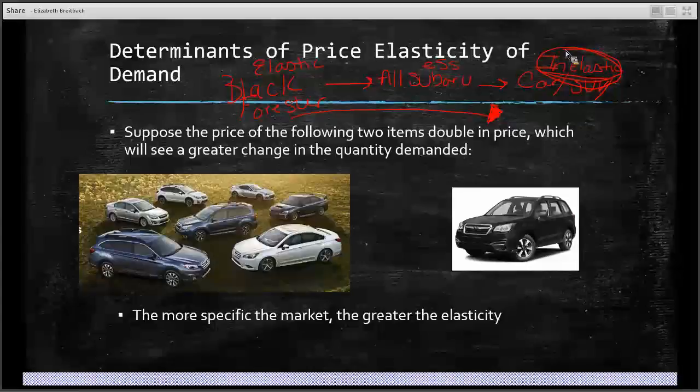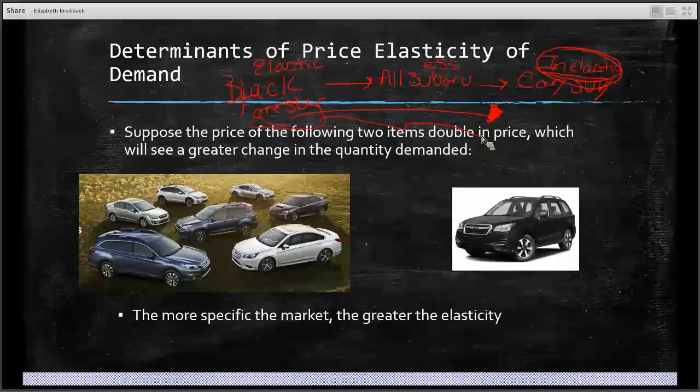If I'm in the market to buy a car, I know I need to buy a car. Then if all cars in the market double, I don't really have a choice. But if the price of just the black Forester doubles, I can decide to purchase another Subaru, or I can purchase another different type of car. So this is kind of getting back at this idea of substitutes.